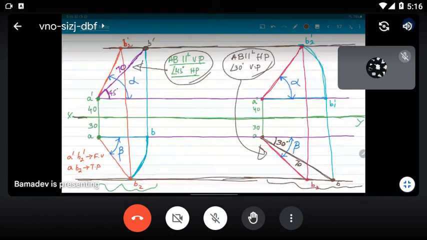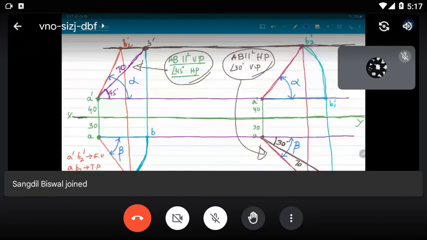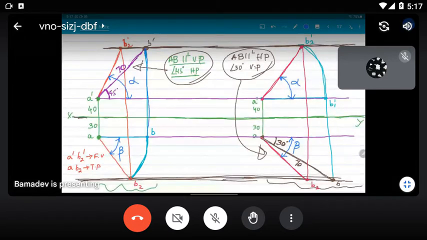Right? Then I have drawn this line. Earlier I have drawn this one. Right? Then I have drawn a projection from here to here, taking this as center, this as a radius. I have made an arc.